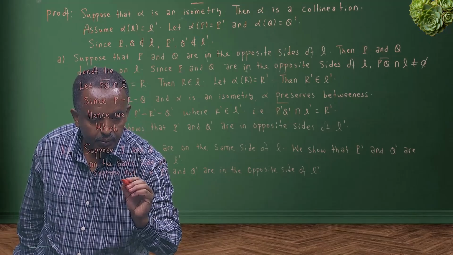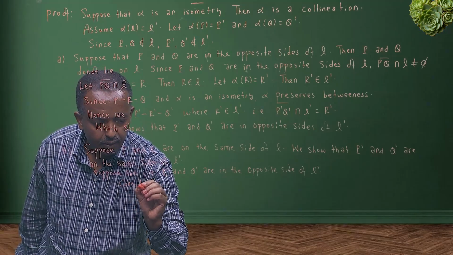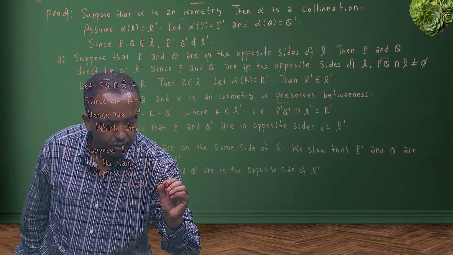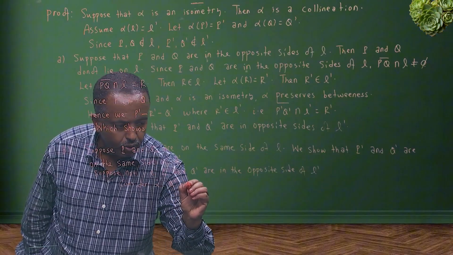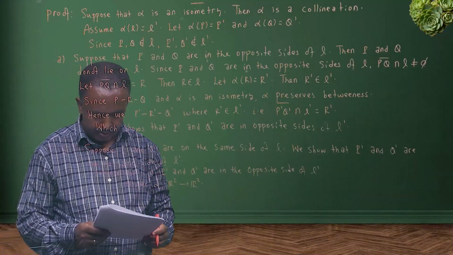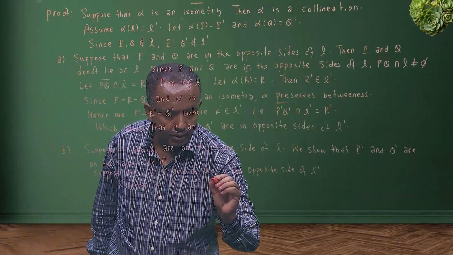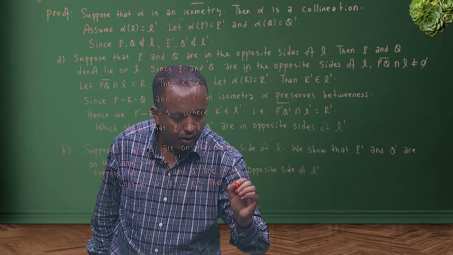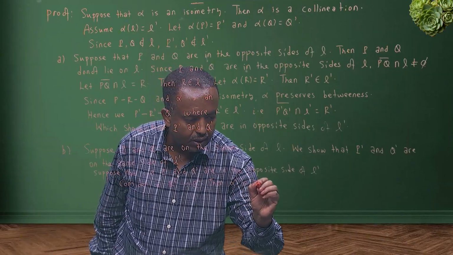Consider alpha inverse, which is also an isometry.